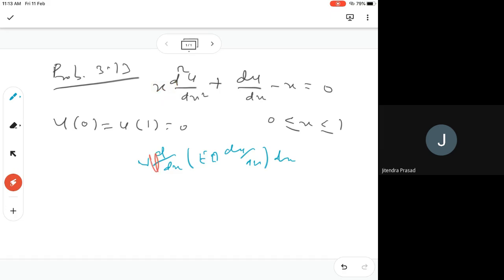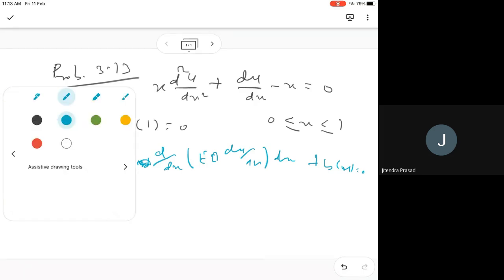Earlier there was nothing here; w comes later on. Our equation is typically b(x) equal to 0, so there is no expression here. But here you have x du by dx combining with the first term. So let's solve the problem.